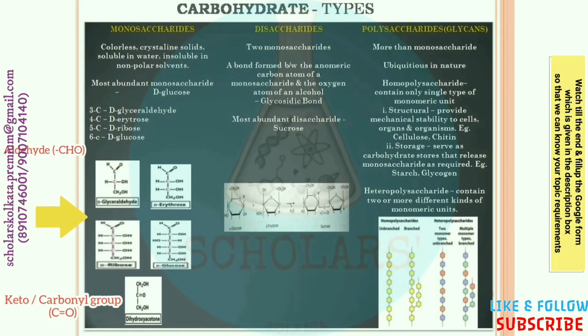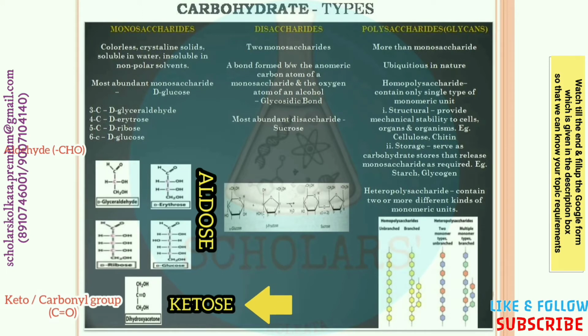Those monosaccharides that have the carbonyl or CO group as their functional group are called ketose. In this example, dihydroxyacetone has a 3 carbon structure and the carbonyl group as its functional group, so it is a ketose monosaccharide. Thus we can differentiate between aldose and ketose monosaccharides because of their functional group.